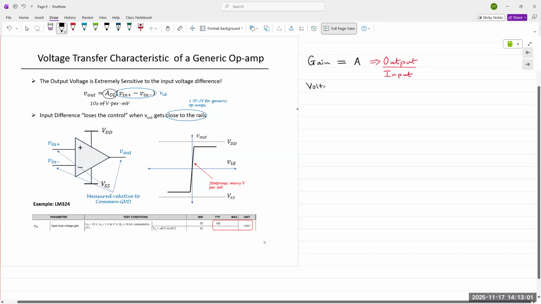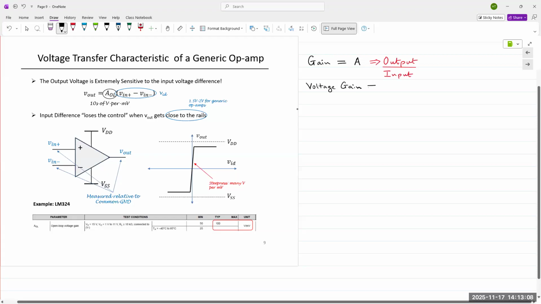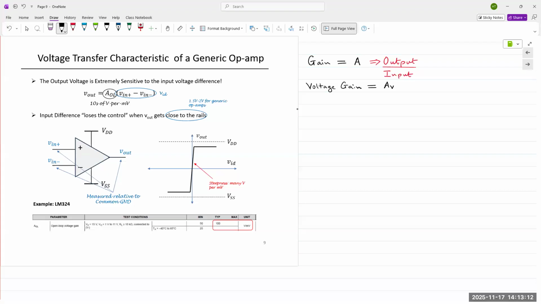Voltage gain is noted as AV, uppercase A and uppercase V. Similar to voltage gain, we have current gain, we also have power gain. But for the purposes of our discussion, we only need to know gain, voltage gain. Right.